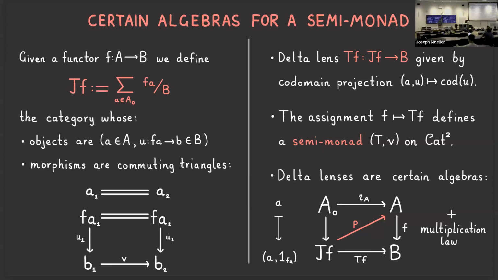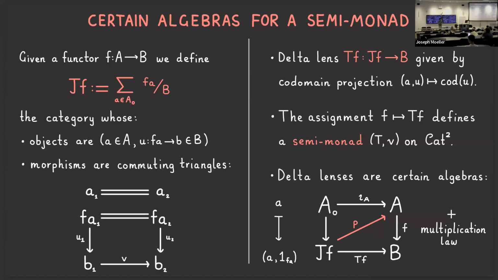And so we only take certain algebras, the ones satisfying this extra commuting triangle that I've just made appear at the top of the square. What this means is that when we pre-compose with this functor from the discrete category A0 of objects of A, which sends an object A to this object in J of F given by the pair A and the identity on F of A, and then we apply our algebra structure P, we just get the inclusion of this discrete category of objects into A. Okay?